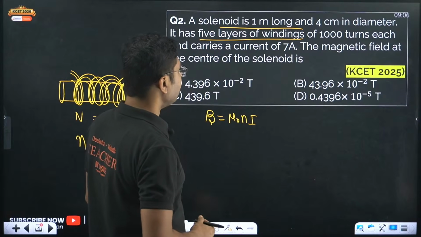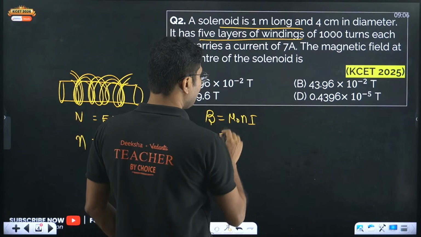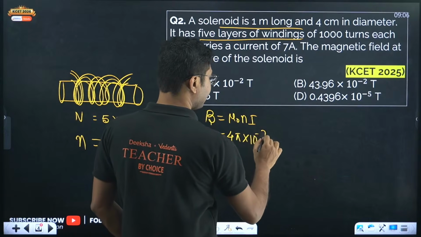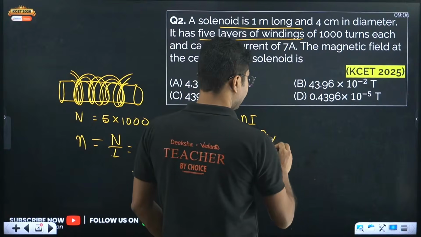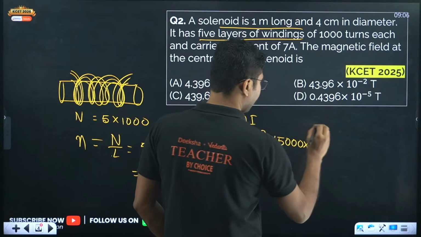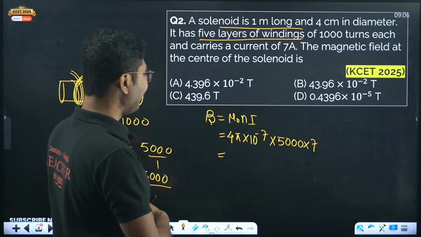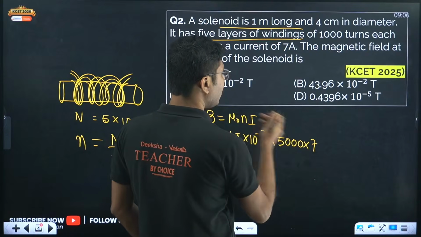Now current is given, 7 ampere. We know that mu naught is 4 pi into 10 to the power of minus 7. So these are the variables that you have to remember. Number of turns is 5000 and current is 7 ampere. Let's see what is the value. 4 5s are 20, 20 into 7.